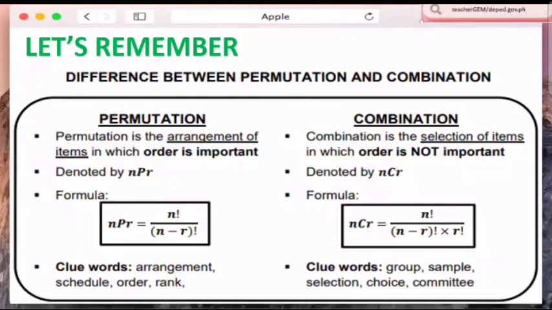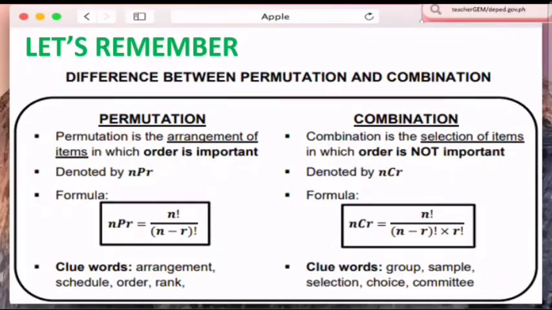Yung formula niya is n factorial divided by the quantity of n minus r factorial times r factorial itself. So, yung mga clue words niya, pag nakita niyo sa mga sentence na ganito, group, sample, selection, choose, committee, ibig sabihin, combination po siya.